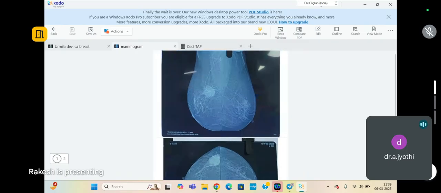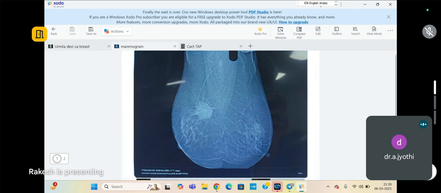Fine. So describe the lesion. What do you call it? It is a highly dense lesion with spiculations all around. Hyperdense lesion.